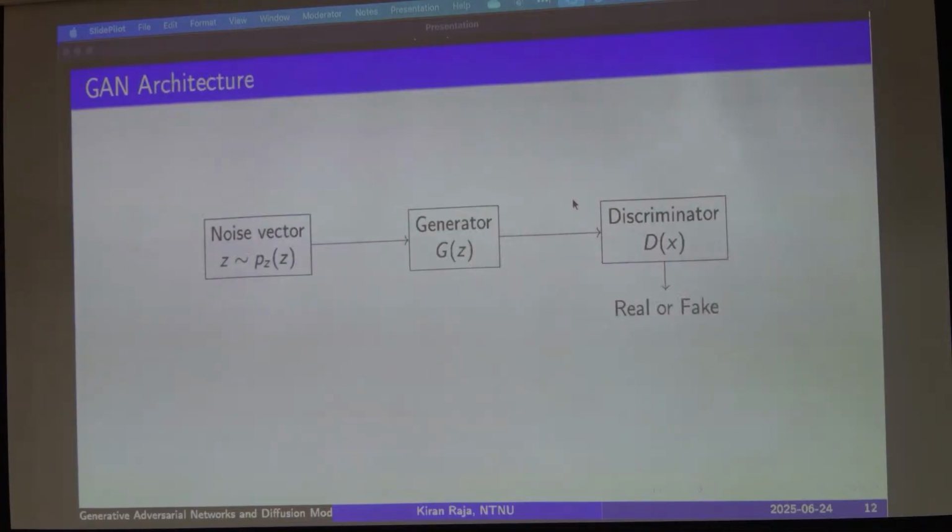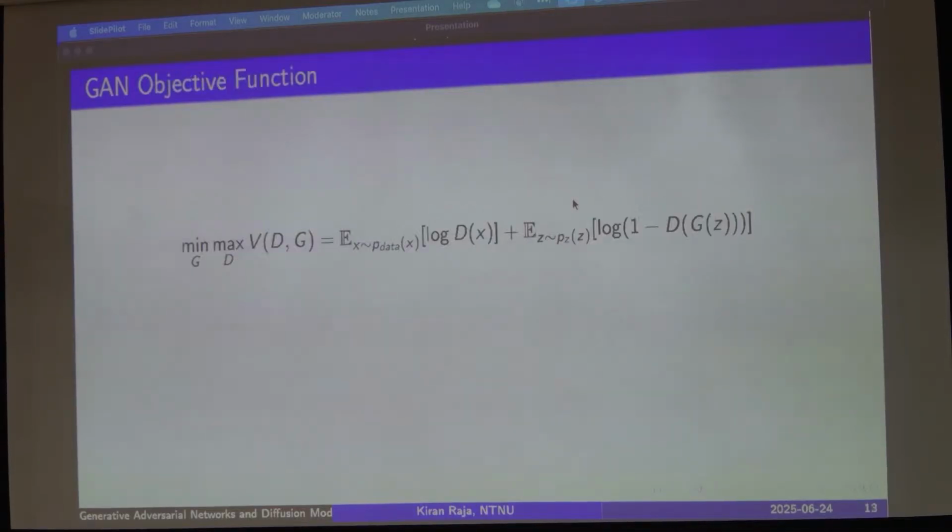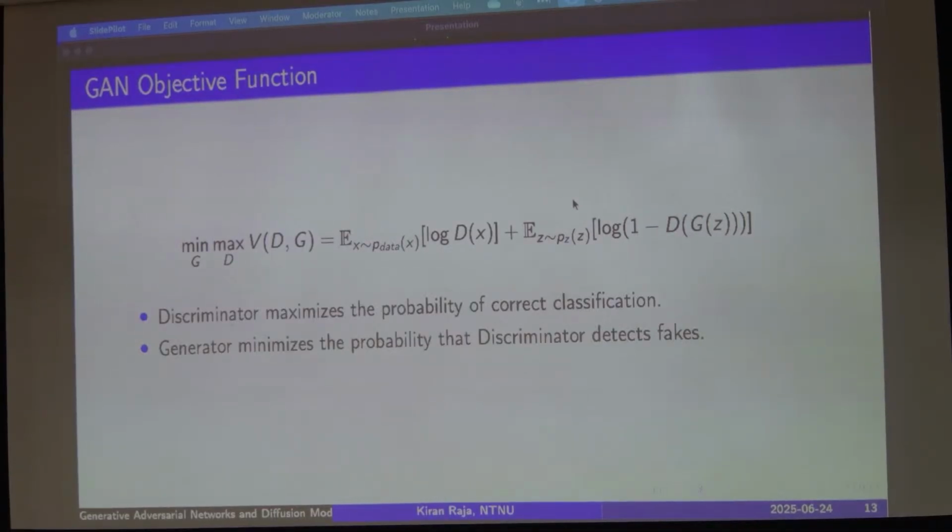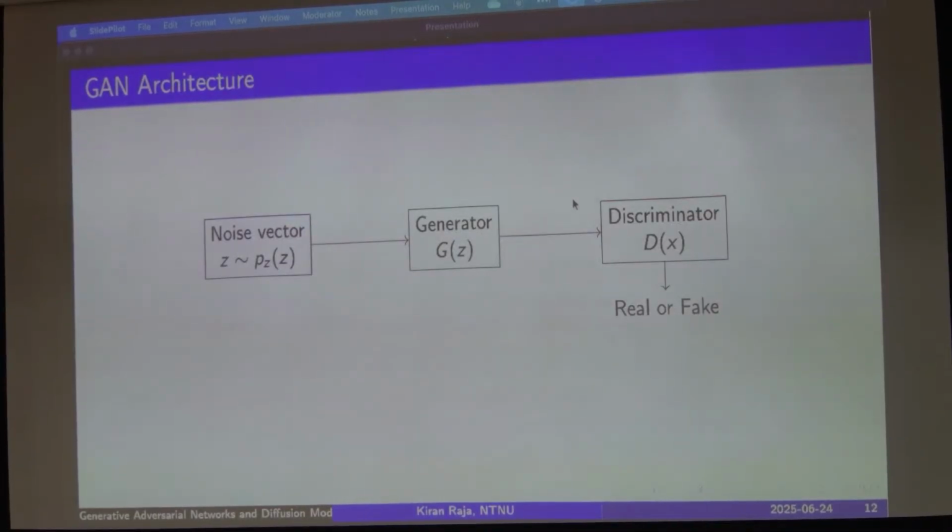But if you break down the math a bit, let's skip this one, maybe here. Okay. So here we start with something called a noise vector. Why do we call it a noise vector? Because there are some embeddings that we have extracted already from the discriminative network.